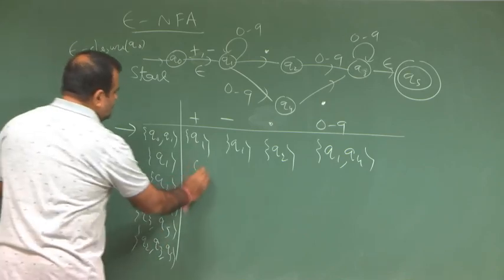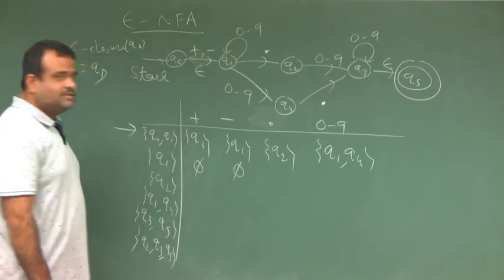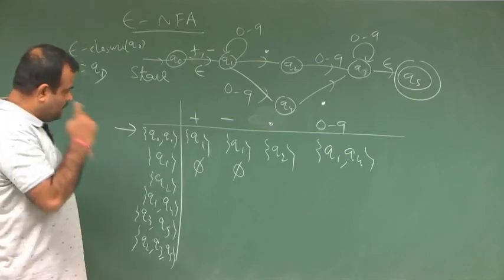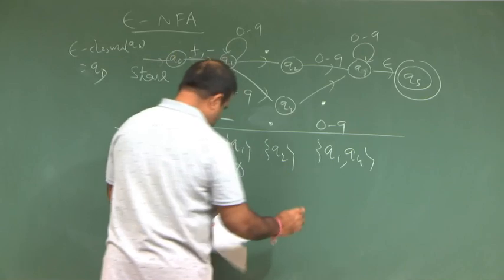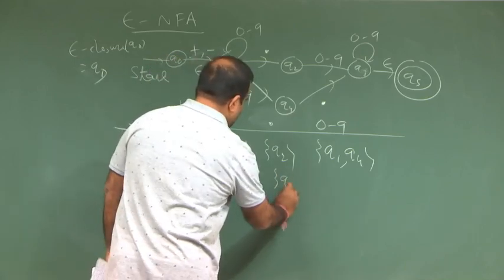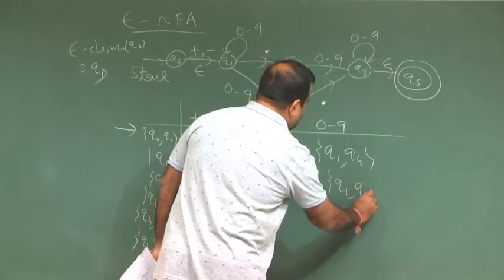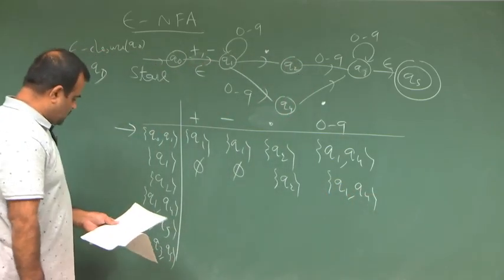Similarly, this empty is also a state, because empty is the epsilon closure of nothing. This is the q 2, we can verify this, and this will be q 1 q 4. This way we will continue.